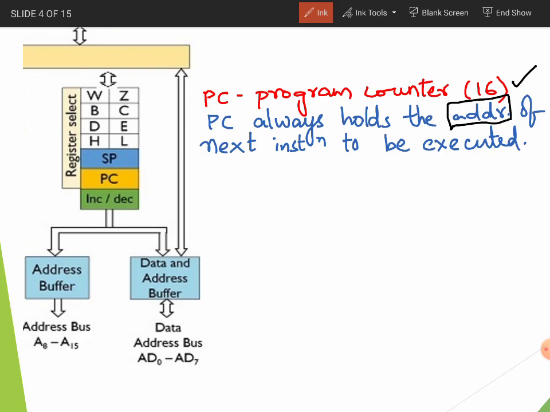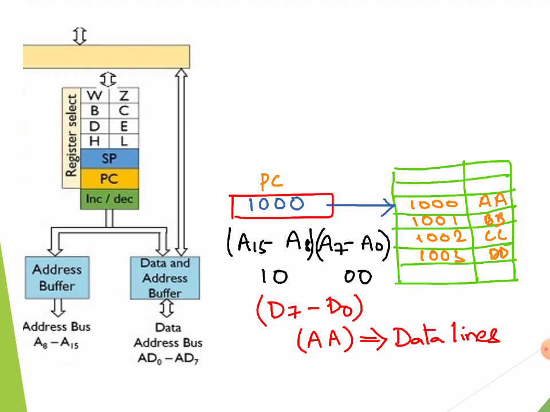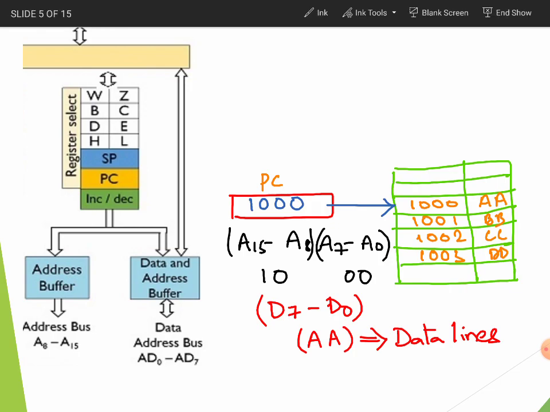To understand it, let's take an example. These are your set of memory locations, and assume that you have written your program at locations 1000, 1001, 1002, 1003, and this is the code, say AA, BB, CC, DD, or you can take XX, YY, ZZ.